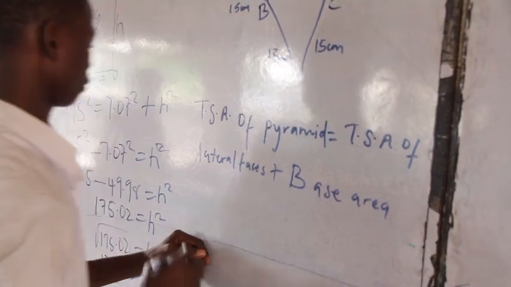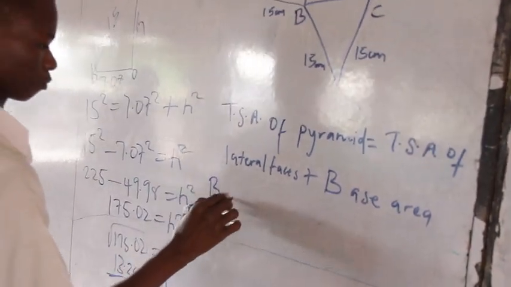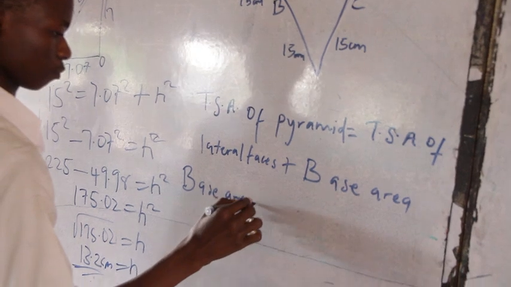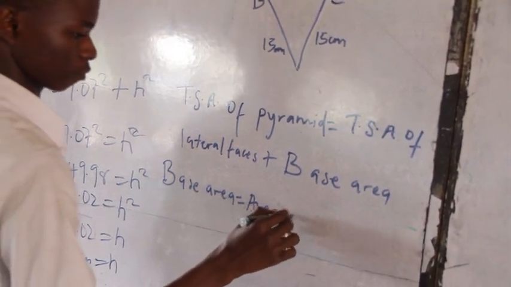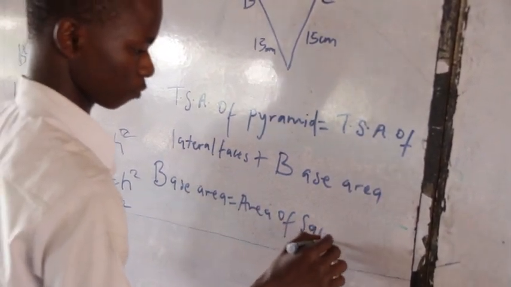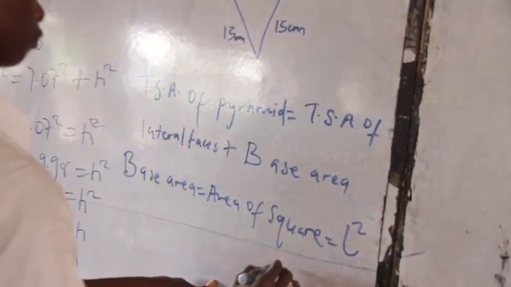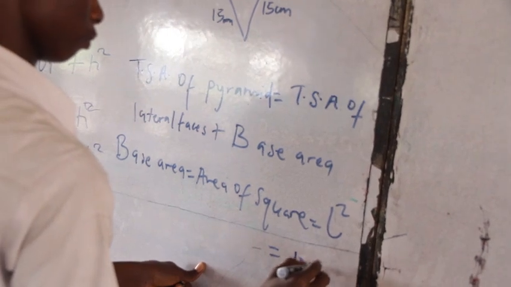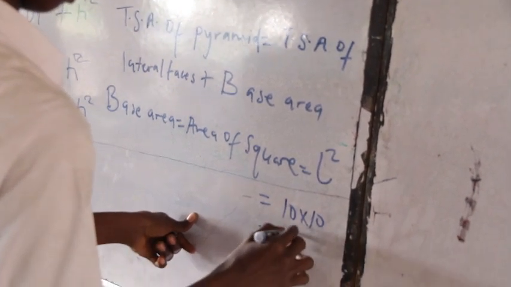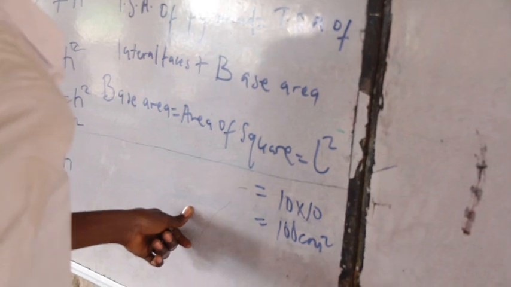Now, this area of the square, good. S squared. Okay. 100 centimeters squared.